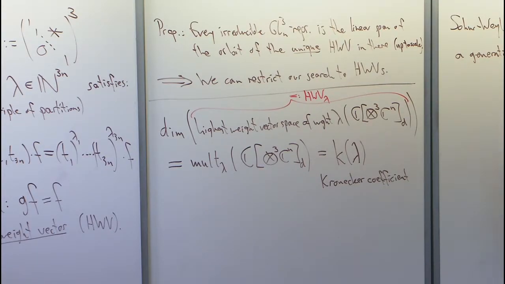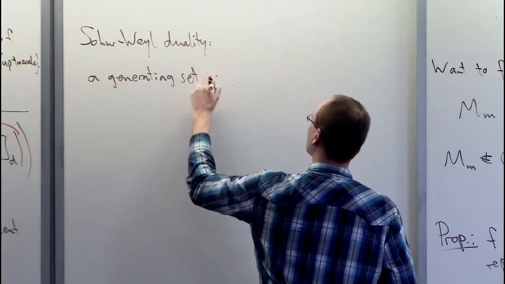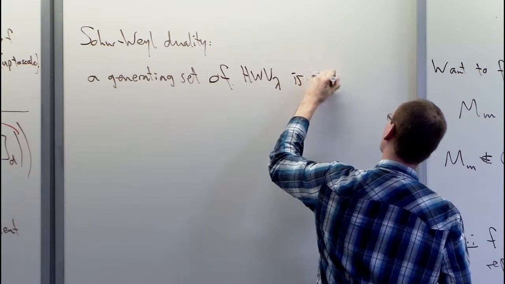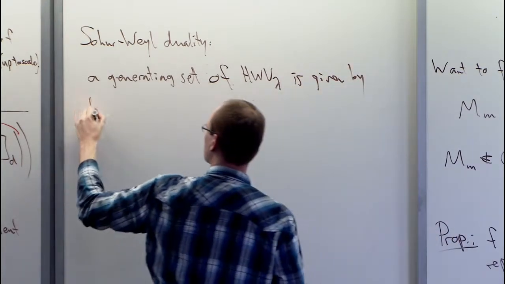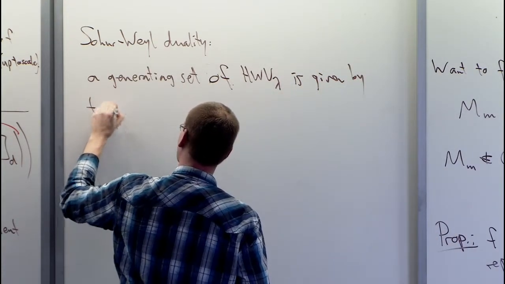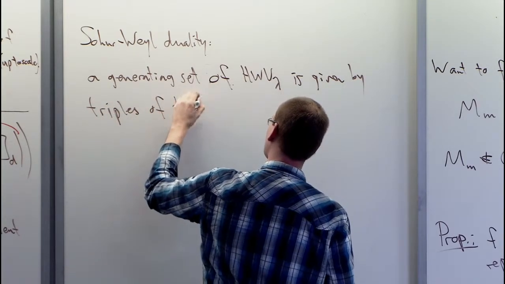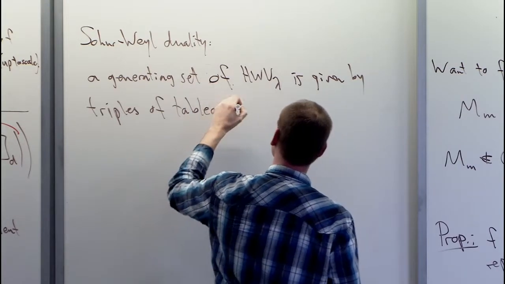A generating set of the highest weight vector space is given by triples of tableaus of shape lambda.